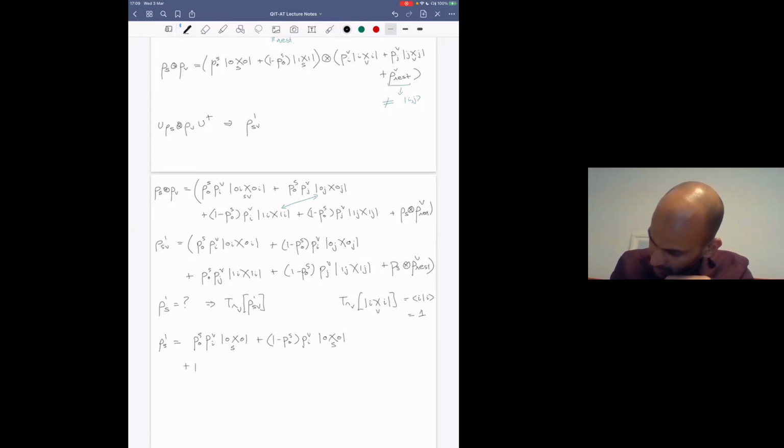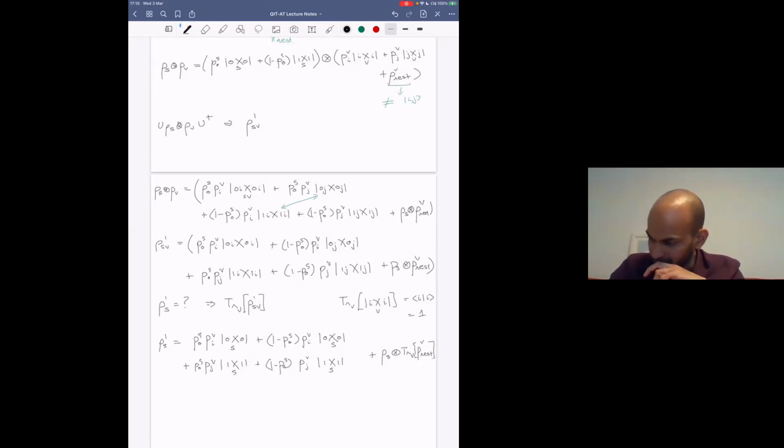Then we're going to get P0S PJV 1 on S, and finally (1 minus P0S) PJV 1 on S, plus, and now this is interesting, we get a rho S tensored trace over V of rho S, the rest times V.